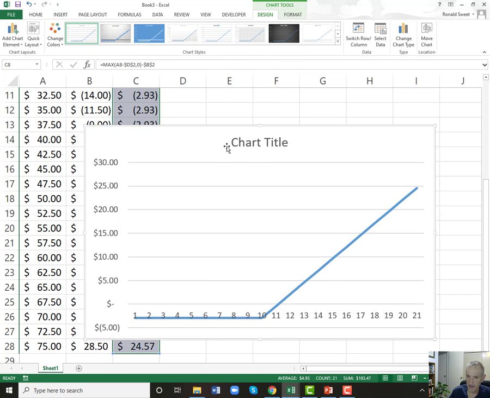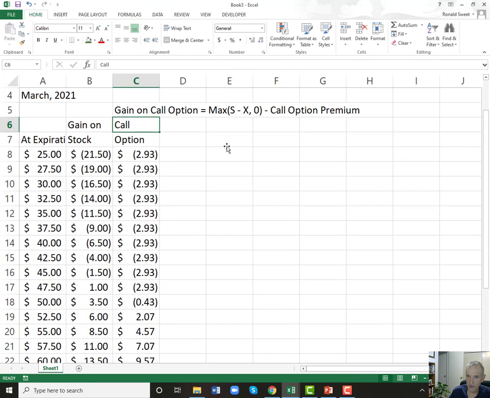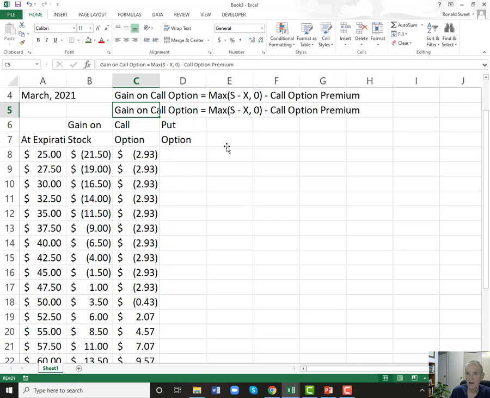All right. Same thing with the put. The put option. The formula is almost exactly the same on a put option, except we switch them. On a put option, it's not the stock price minus the strike, it's the strike minus the current price.